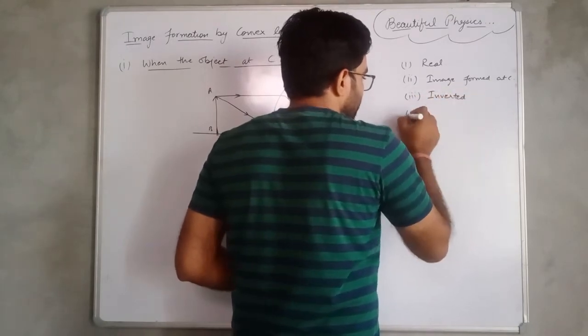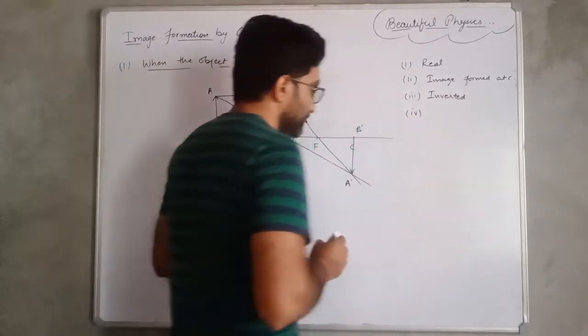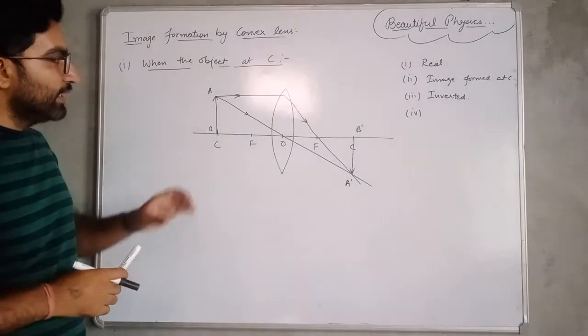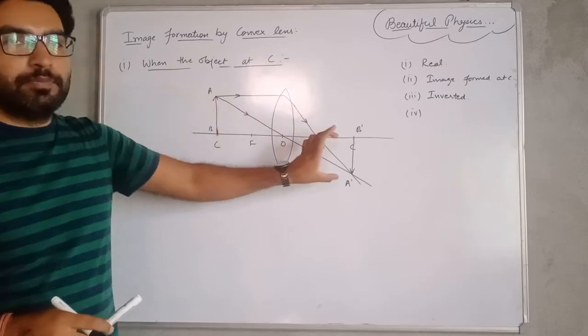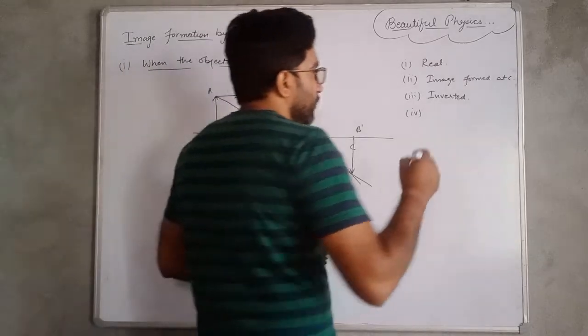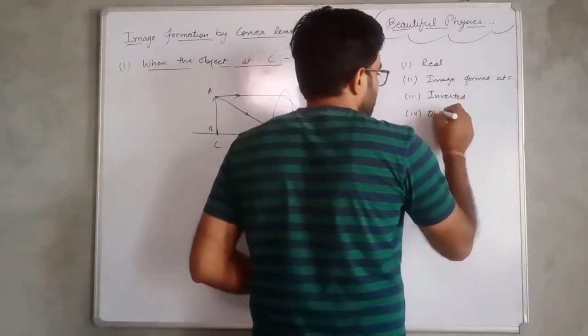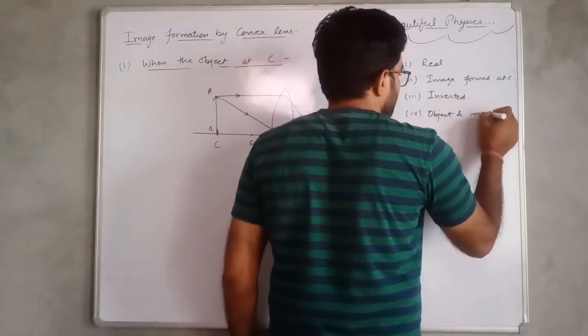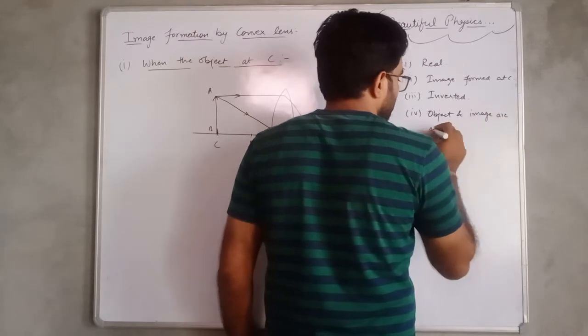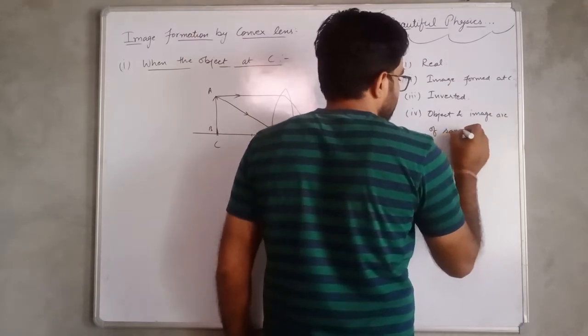Inverted image is formed, and last, the size of the object and the size of the image both are the same. Okay, so object and image are of same size.